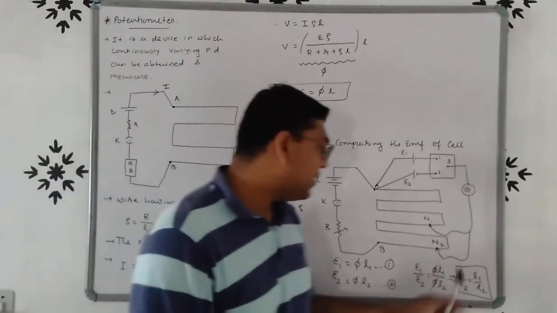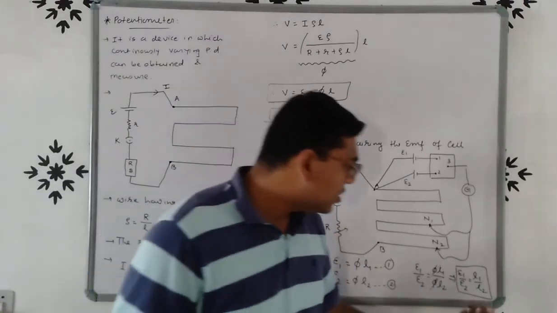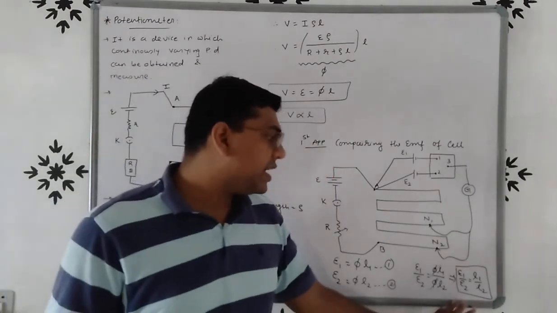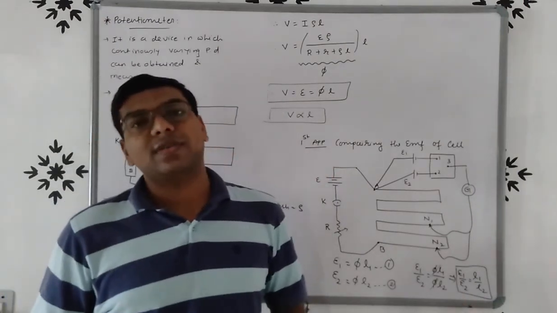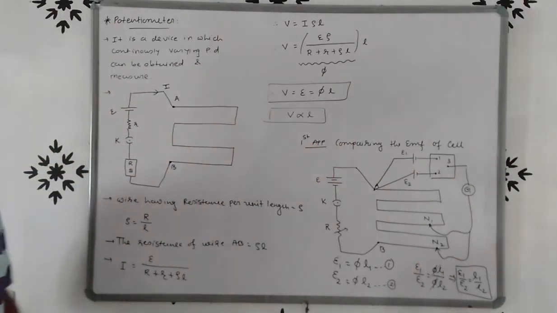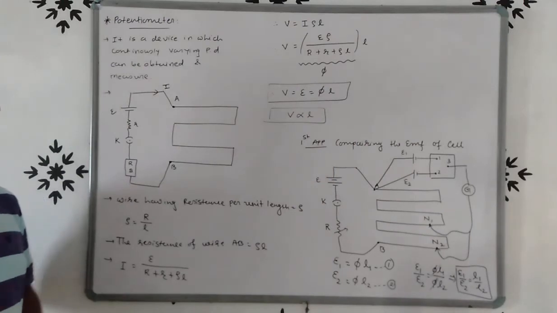So we get E1 upon E2 is equal to L1 upon L2. So by this formula we can easily compare the EMF of cells. Right. So this is the first application, comparing the EMF of cells.